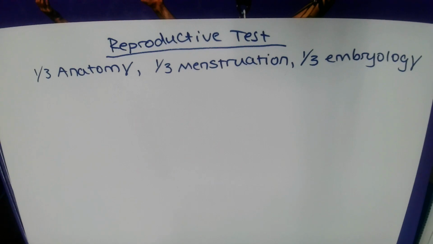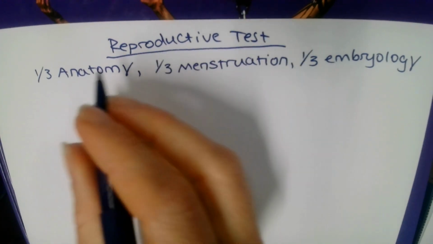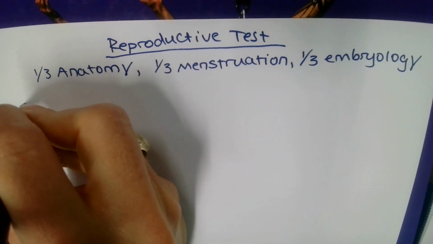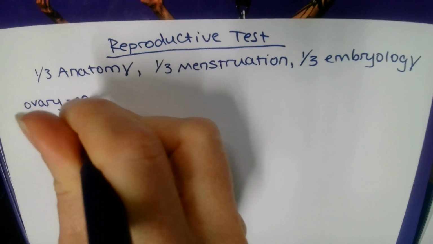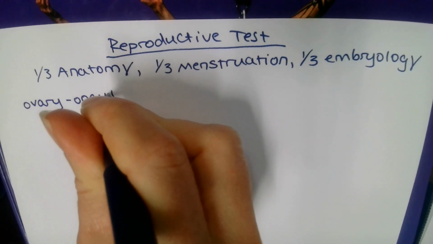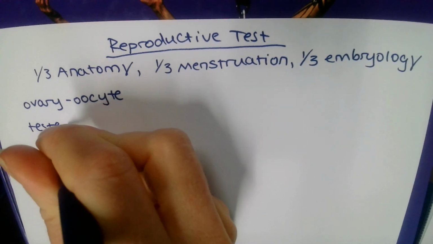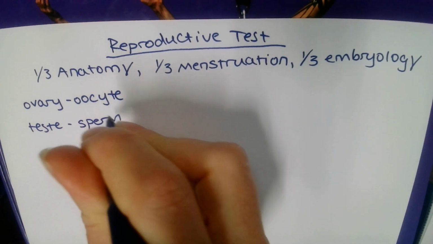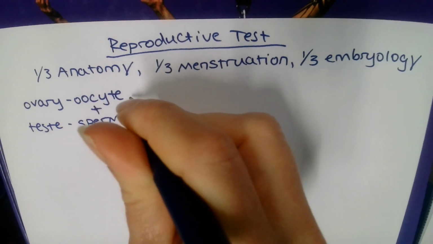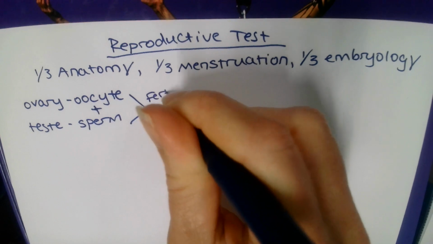All right, so let's combine. Let's start by combining anatomy and embryology here. So in the ovary, there are follicles that contain eggs, oocytes, and the testes produce and contain sperm. When those combine, that is a process called fertilization.